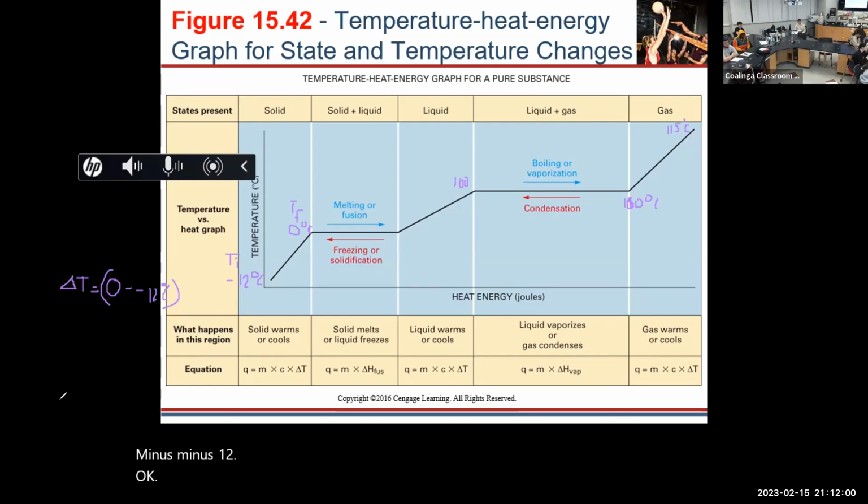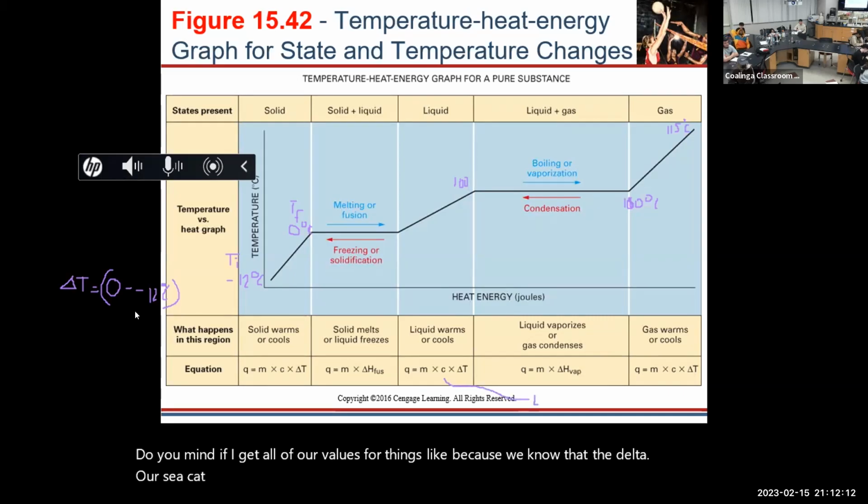Let me get all of our values for things, right? The specific heat of water is going to be 4.18 joules per gram Celsius.